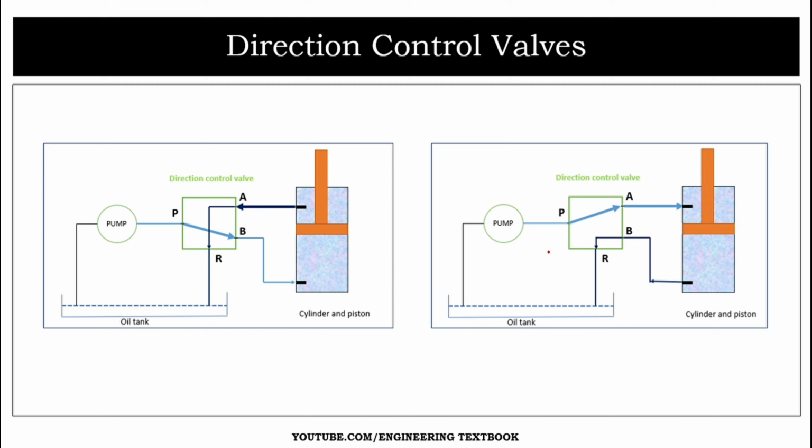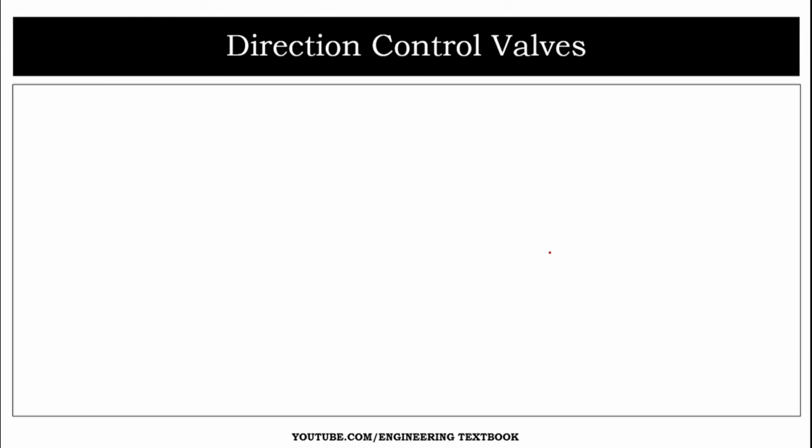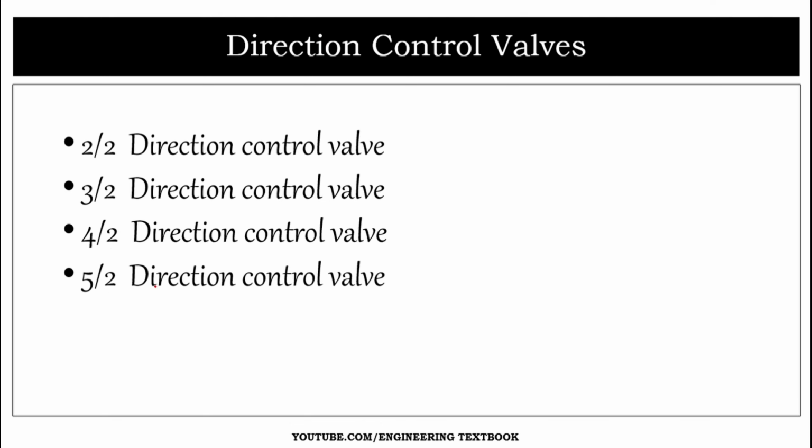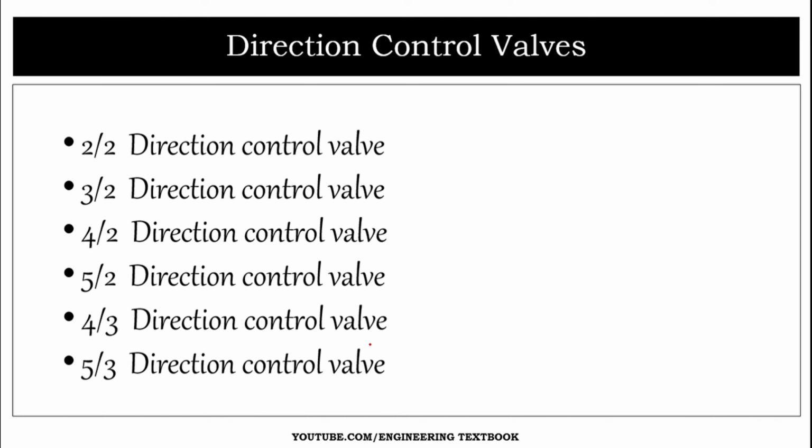In today's video, we will see types of direction control valve and we will study one type of direction control valve. So let's see the types. 2x2 direction control valve, 3x2 direction control valve, 4x2 direction control valve, 5x2 direction control valve, 4x3 direction control valve, and 5x3 direction control valve.